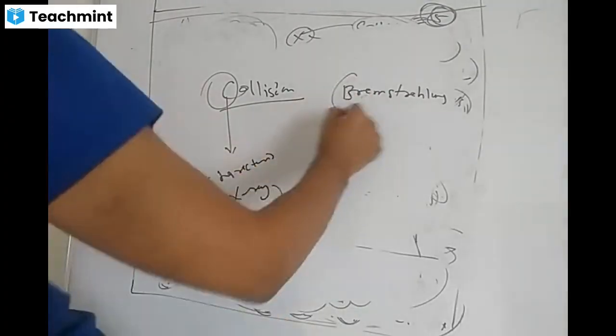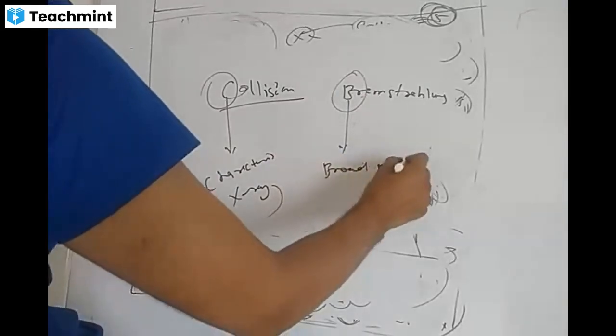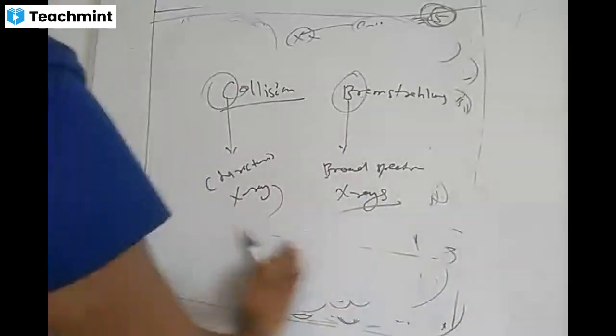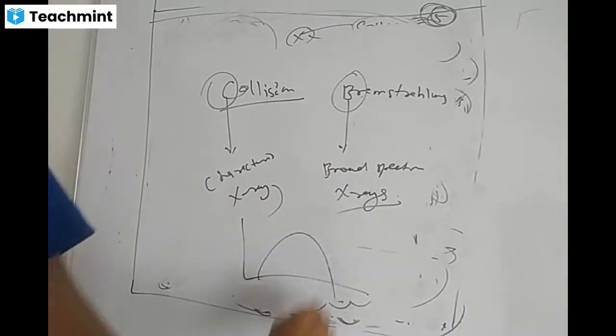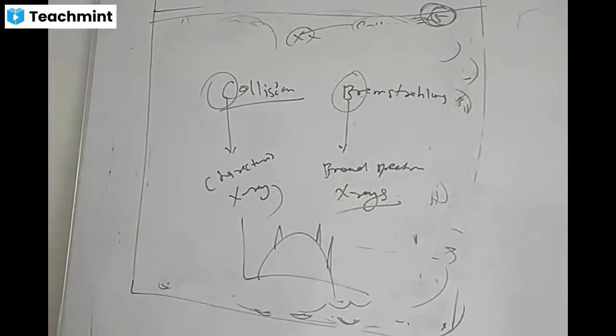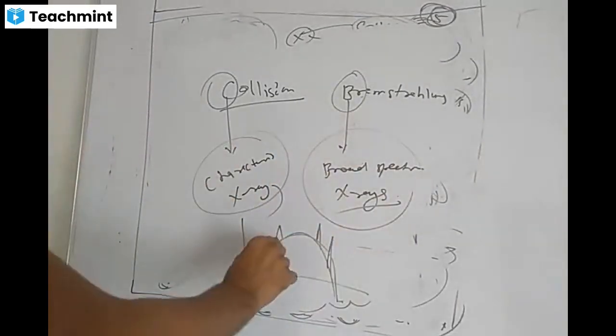This B will help you remember it gives broad spectrum X-rays. The meaning of both these terms is in your graph. In this graph, we have some peaks, and a continuous part. So broad spectrum is this one, and characteristic means this peak.